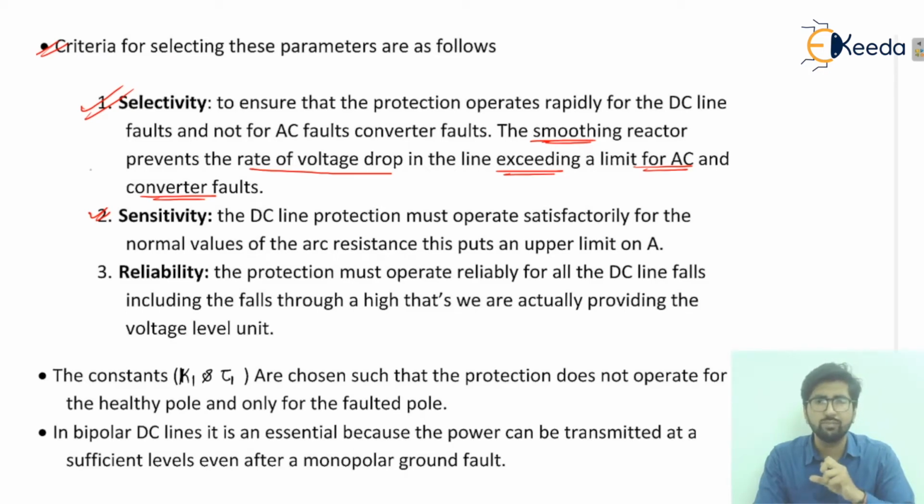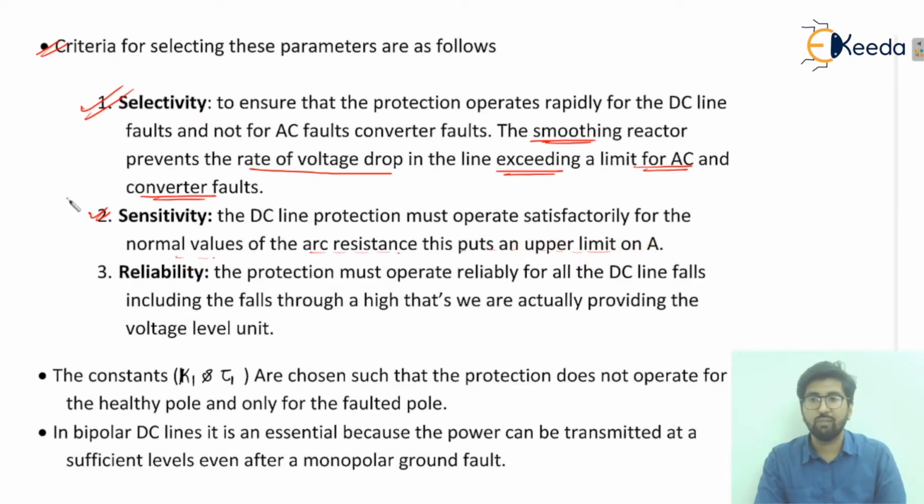The DC line protection must operate satisfactorily for the normal values of the arc resistance, and this puts an upper limit on the value of A.